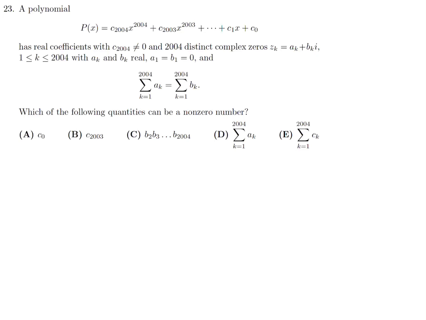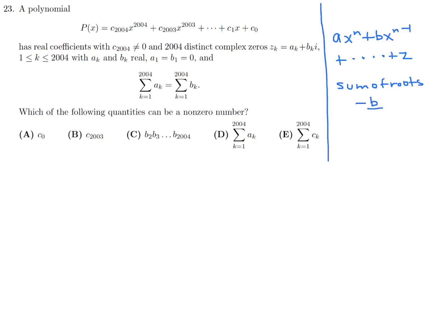So first, a very quick primer here. I'll draw it here on the side. If you have any polynomial a x to the n plus b x to the n minus 1 plus dot dot dot all the way down to z, the sum of the roots can be calculated with a very cool formula, minus b over a, where this is b and that's a.